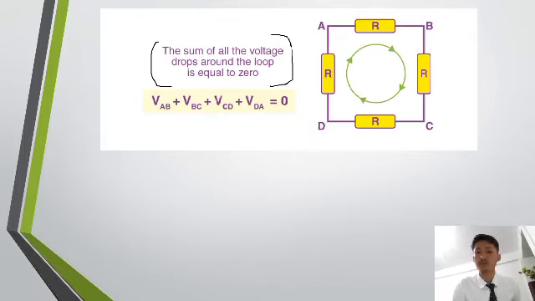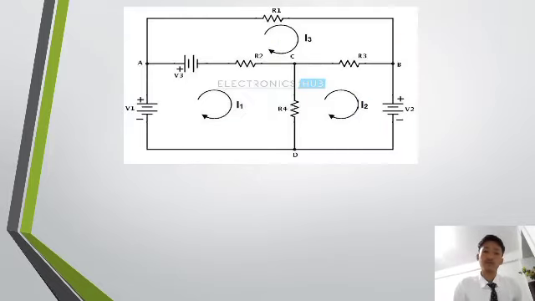The sum of the voltage drops across the loop is equal to 0. So that is basically the second law, or Kirchhoff's voltage law. Okay, now moving on, Kirchhoff's voltage law is based on mesh analysis, similar to the nodal analysis, which was based on Kirchhoff's current law.